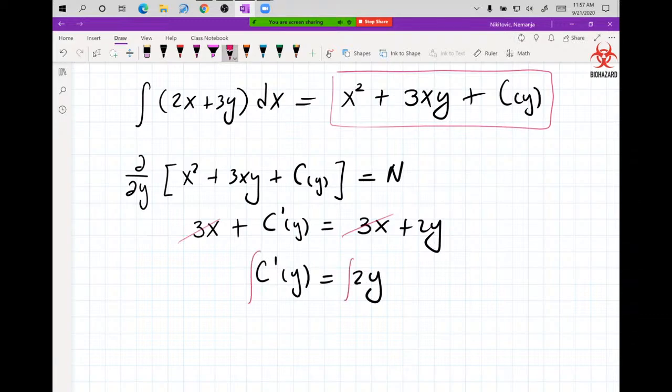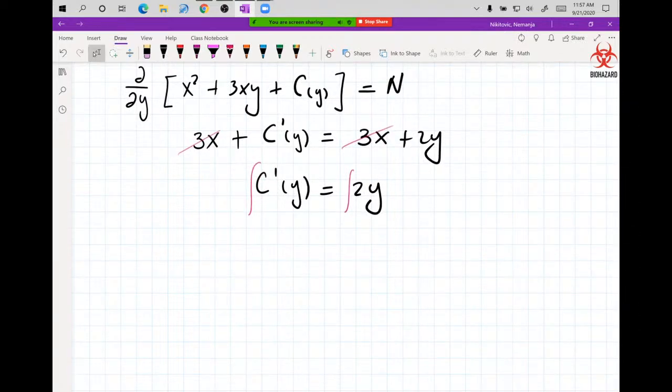Hit both sides with the integral, and what you get here is c of y equals y squared plus constant k.